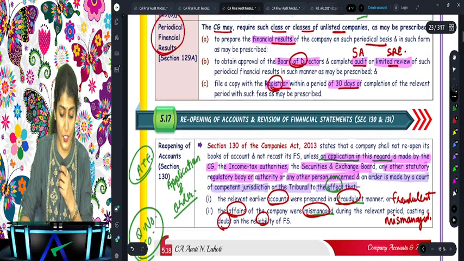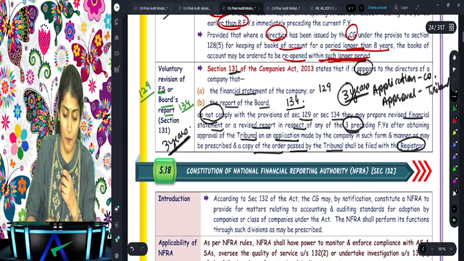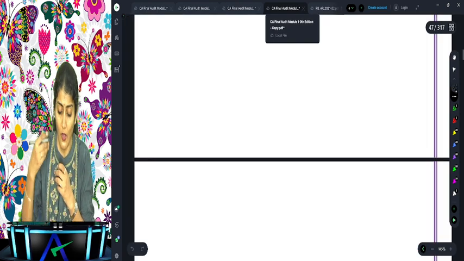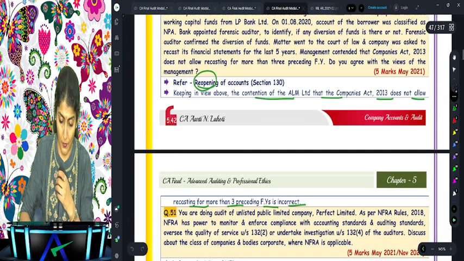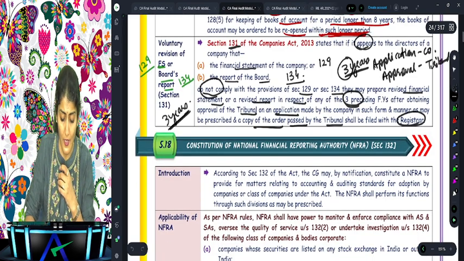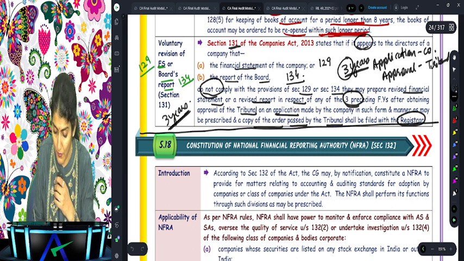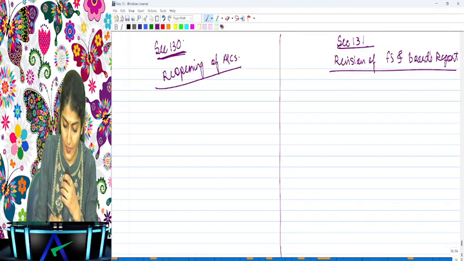So that is section 130 and 131, which is regarding the reopening of the accounts and also the voluntary revision of the financial statements and the board's report. Okay, right? So what have we studied? Section 130, 131.